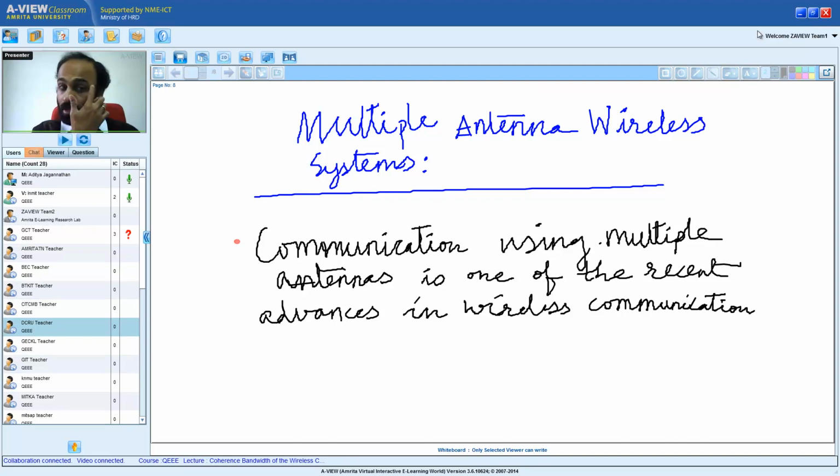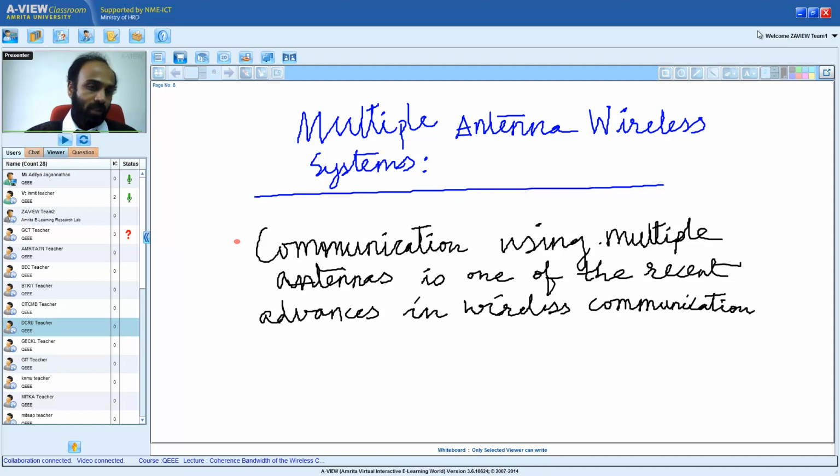What does that mean? That means that either I have multiple antennas at the receiver or at the transmitter, or I have multiple antennas at both the receiver and transmitter.